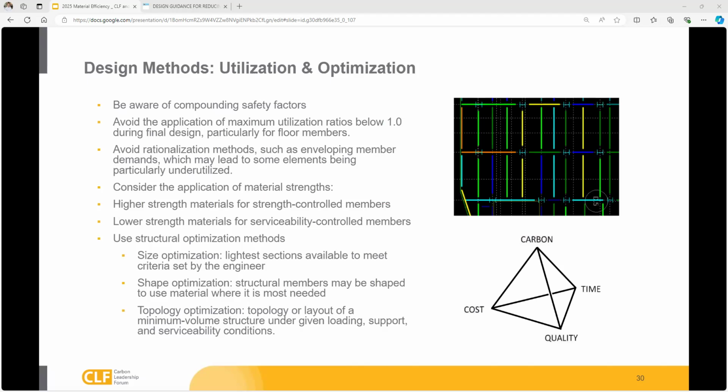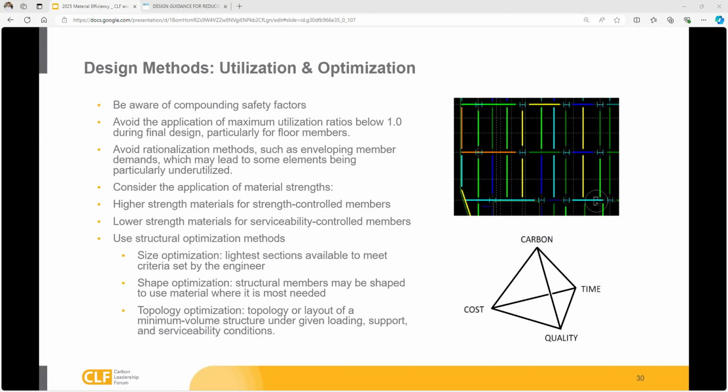I won't dwell on this a huge amount because Francis was highlighting this earlier in terms of compounding safety factors and rationalization instead of optimization, and the impact of that. If looking at real structures, that can lead to utilization that is well below 100%, sometimes as low as 50% in structures.